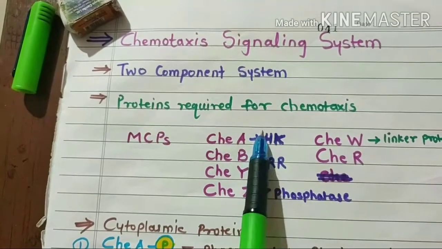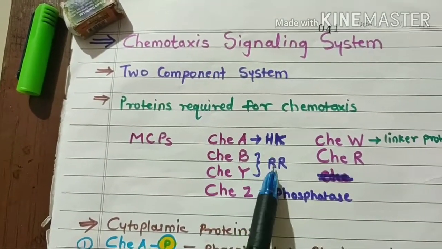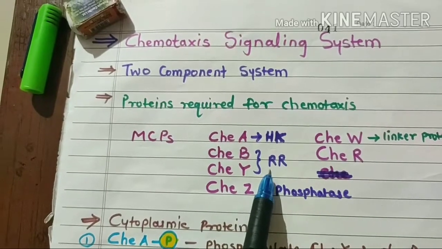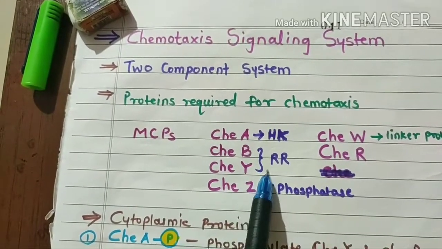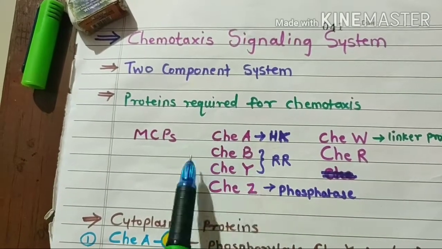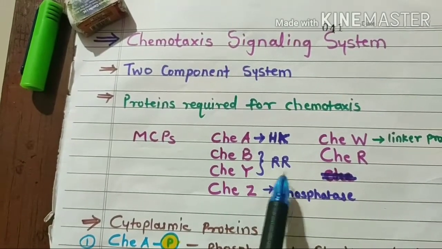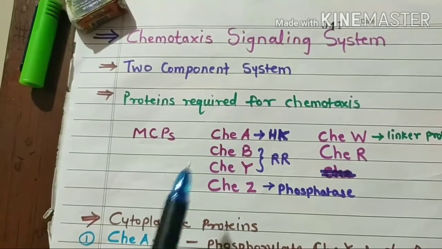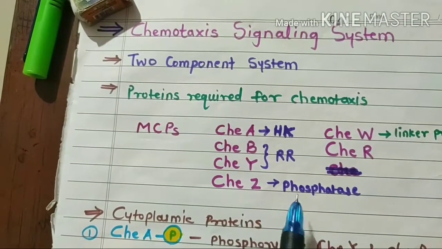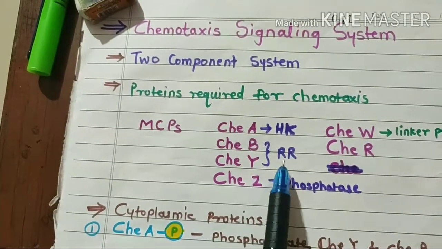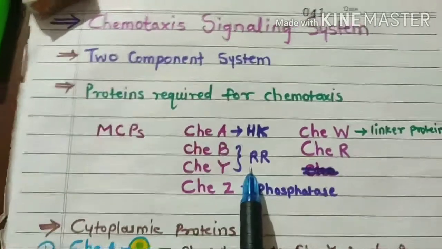So this histidine kinase will take the signal and it will phosphorylate the response regulators, and these response regulators are responsible for the effect. So whatever the tumbling is due to a response regulator protein, we will see in detail which response regulator is involved. This CheZ is a phosphatase which dephosphorylates the phosphorylated response regulator protein.